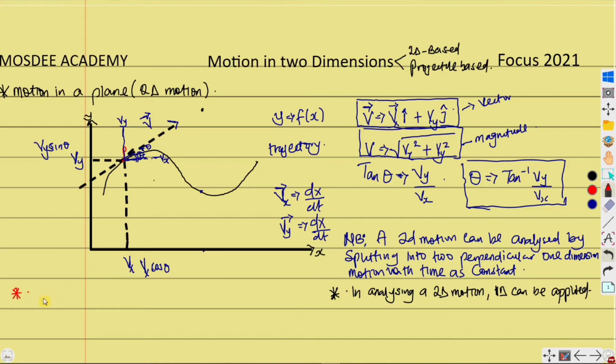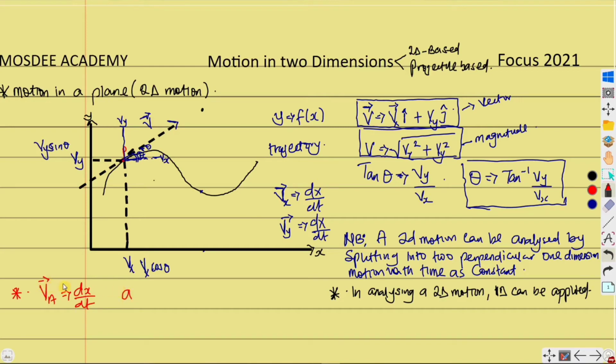What I'm trying to say is that from our examples we've studied in 1D, the velocity of a body is always given as dx by dt. Already studied.